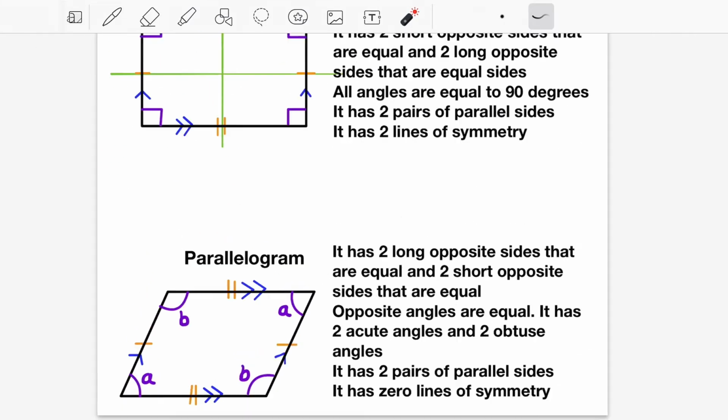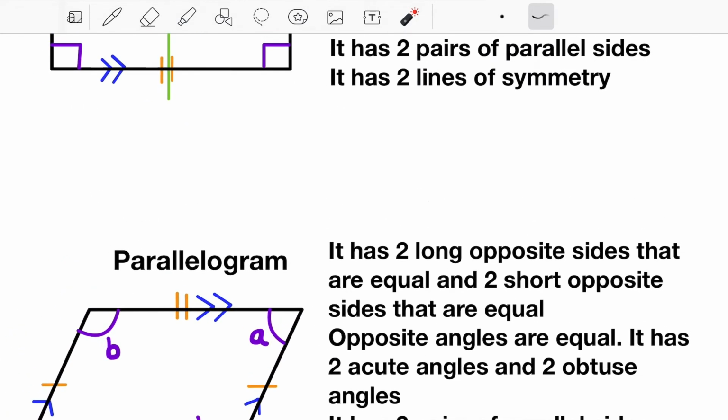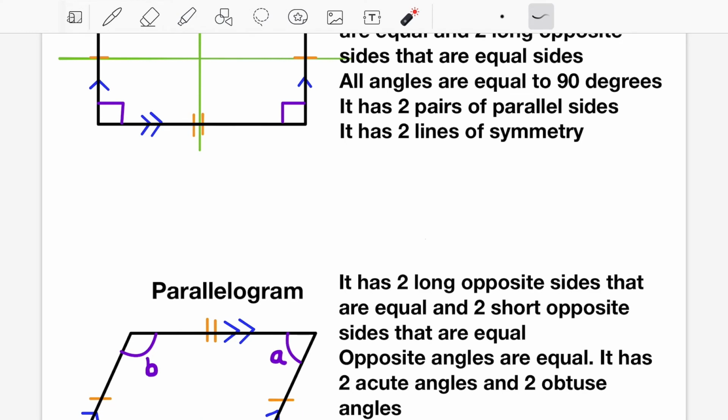Now we have the parallelogram. So the parallelogram comes from the root word parallel. Right? We can see that the opposite sides are parallel. One pair, two pairs. We can also see that the opposite angles are equal. We have two obtuse angles being equal and two acute angles that are equal.